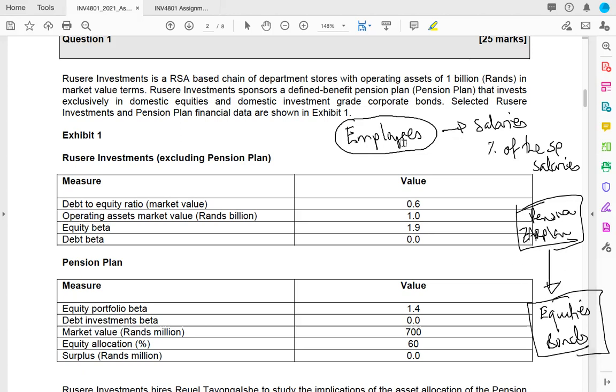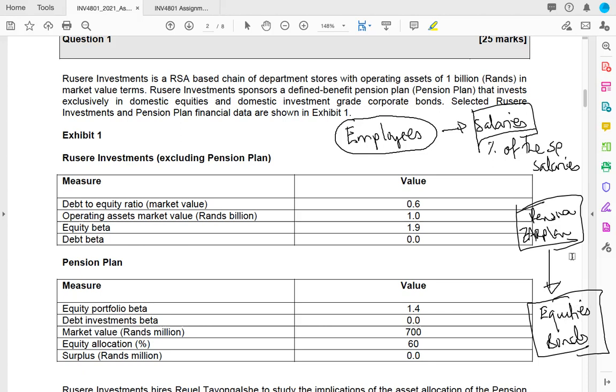Okay. The employees of Ruseri Investments get paid salaries. And then a percentage of these salaries are put aside into a pension plan or a pension pot, right? And then those salaries, as they accumulate and they are put in there, the pension fund invests those into equities and bonds, right?